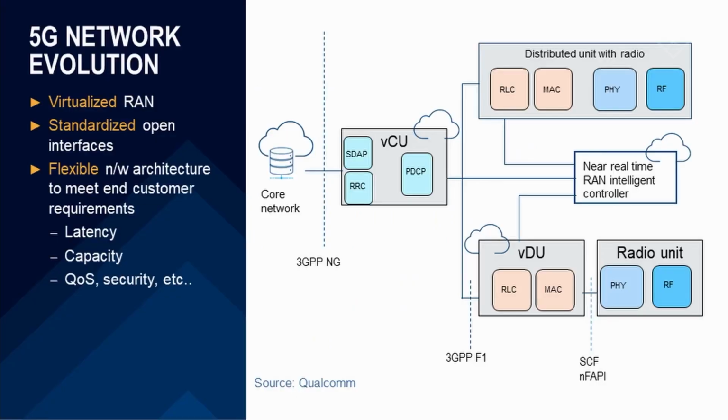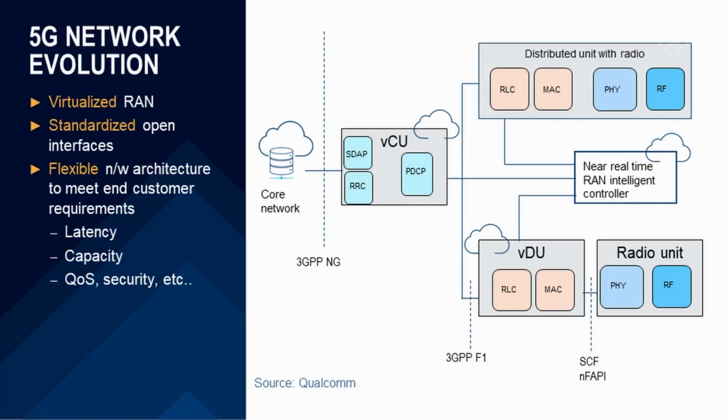So next, coming to the 5G network evolution. We have talked about the open and standardized interfaces, which lead to disaggregated RAN, and then network operators are embarking on a virtualization journey, which means to virtualize the DUs and pool them into the cloud.